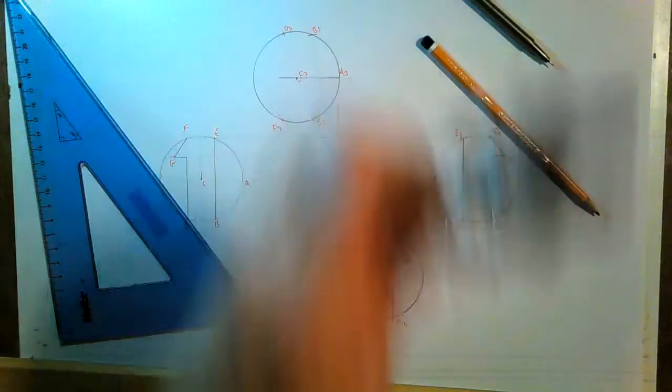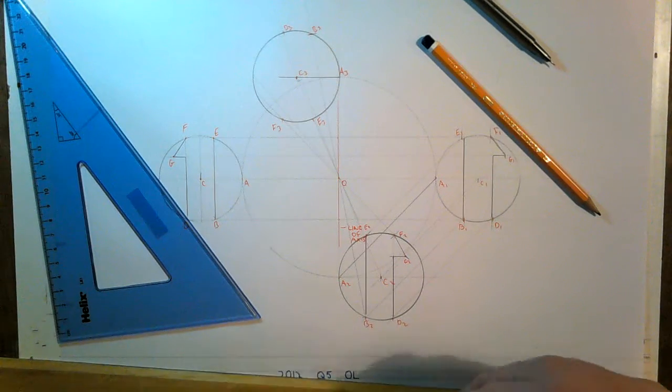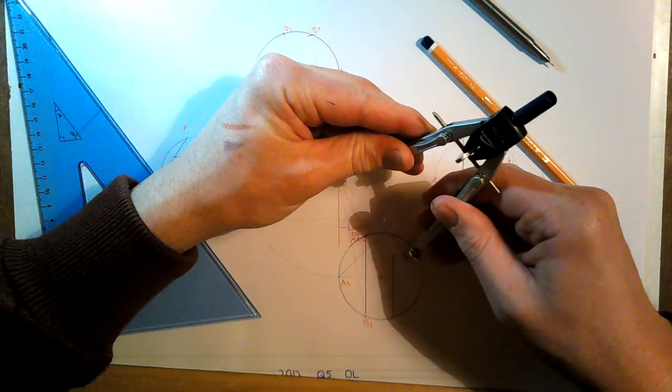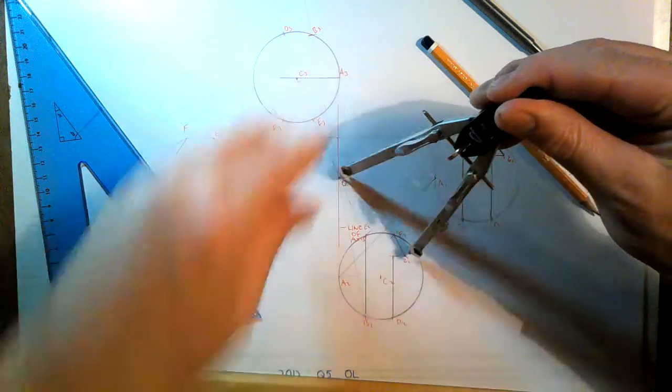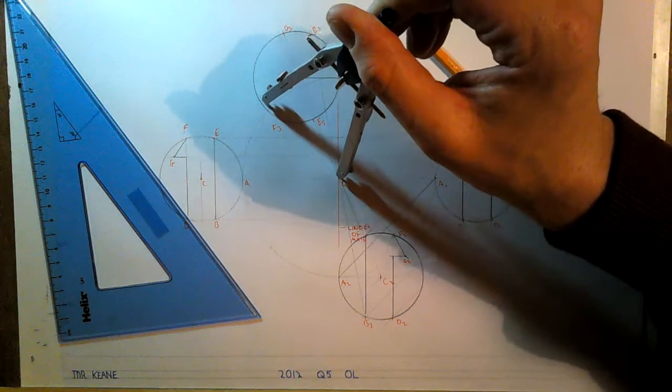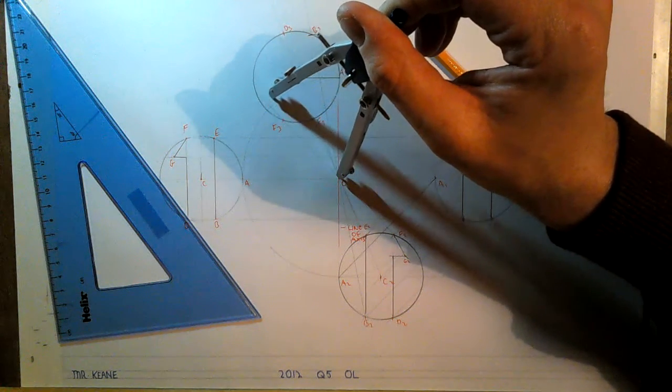This is the only one that's sitting inside the outside of the circle of the logo. The compass point goes on O, and on G2, G2 up, and it hits it off.